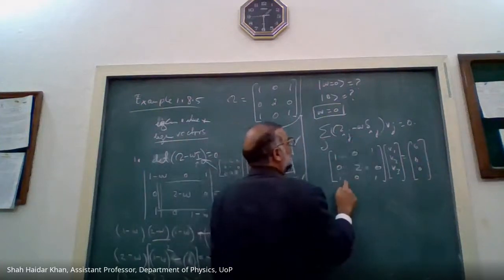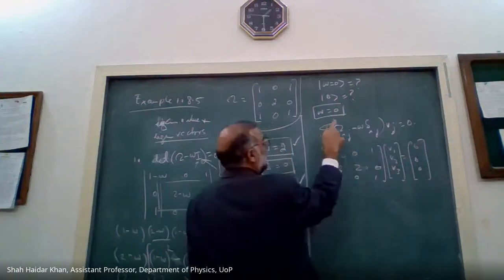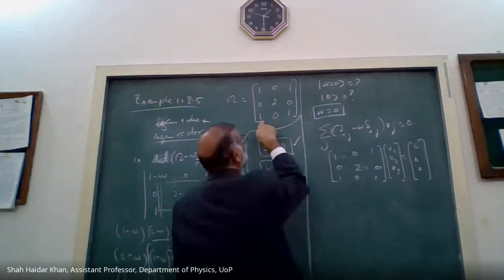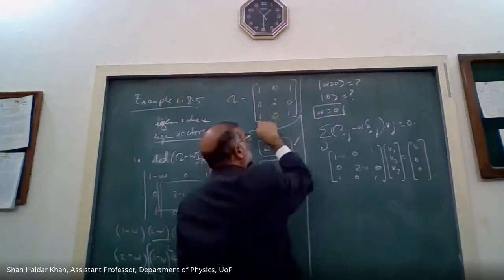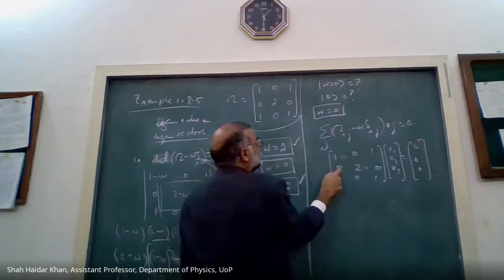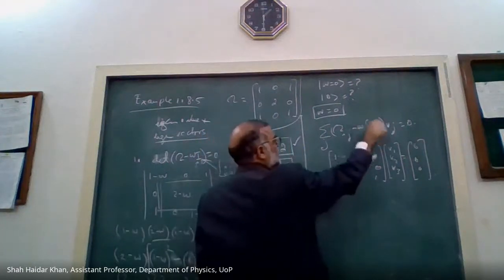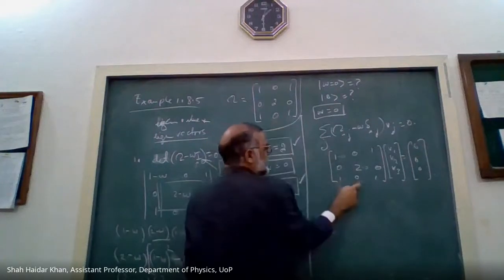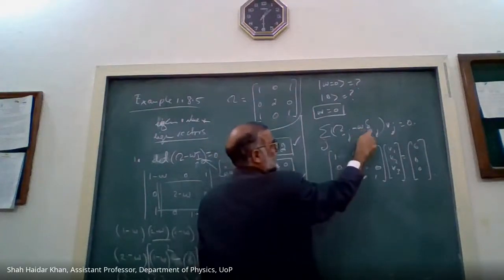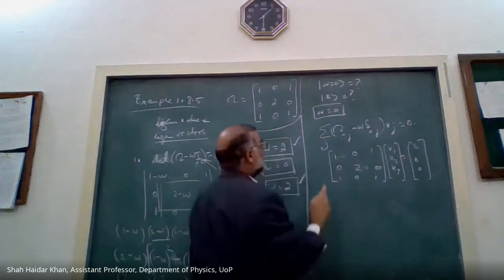For the third one, right? Omega 3,1 is this, and it will be 0 because of this. And this one is already 0, and this is also 0 because i is not equal to j.